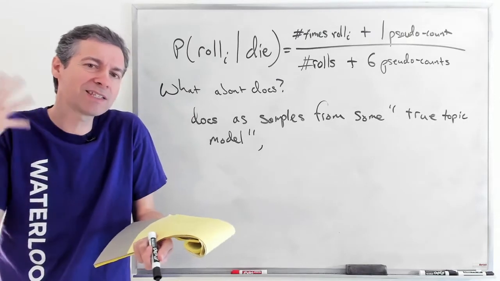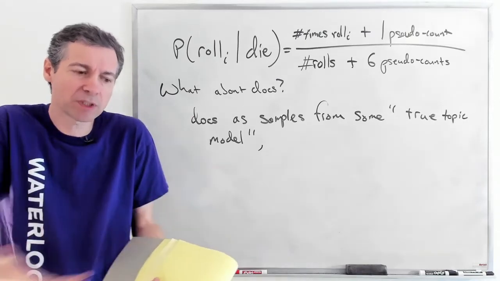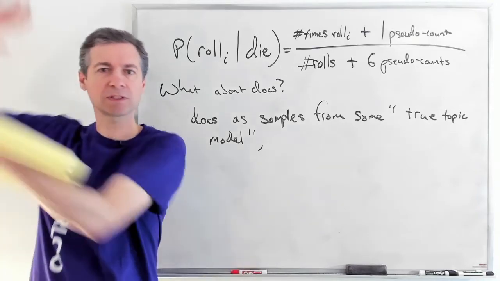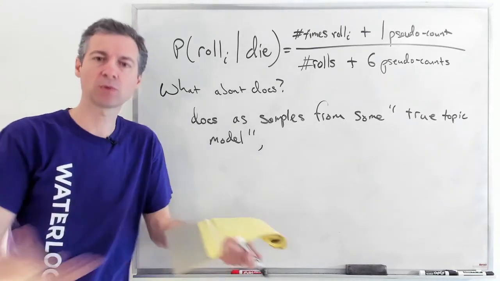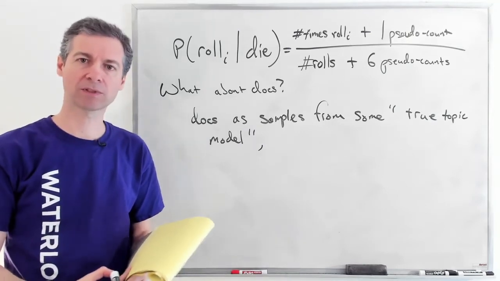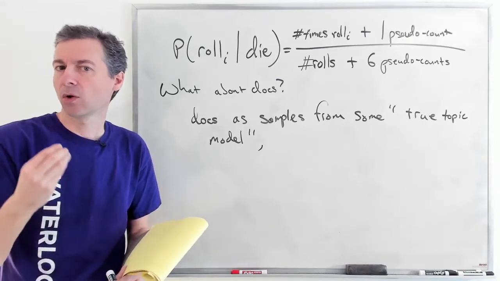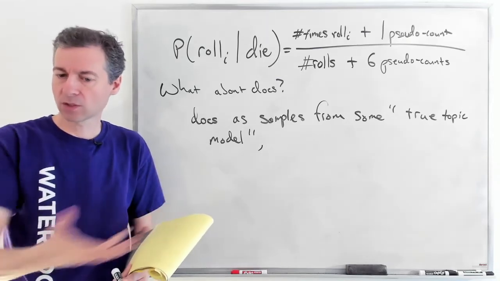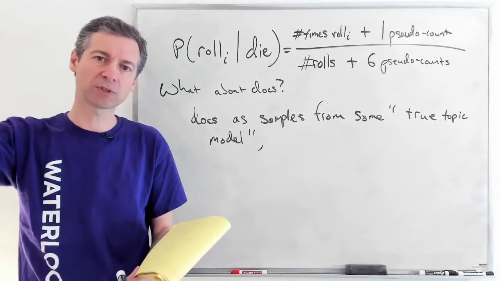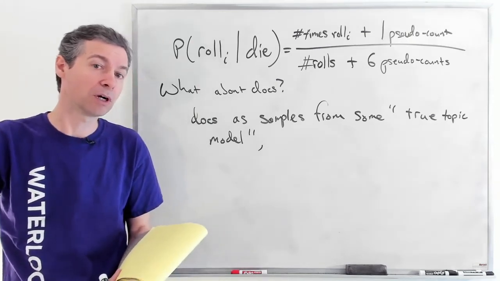But the idea here is that these documents are some sample of something that's producing words. And again, we're going to model the documents as these multinomials. So again, we've got these words that have been sampled from some model, and we're going to pretend the model is a multinomial. All right.